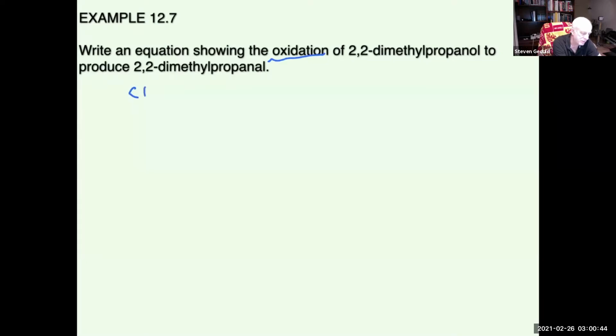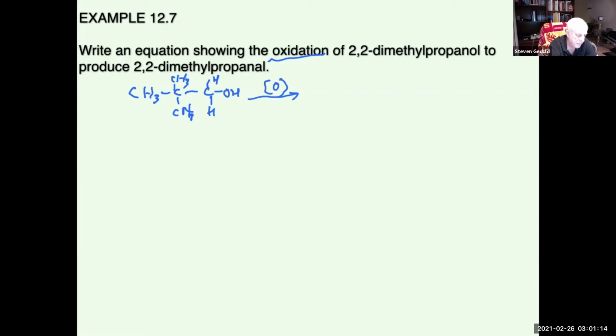So CH3, C, and propanol is CH2, COH, CH3, CH3. And we're going to oxidize it. Okay. So it's 2,2-dimethylpropanol, the OL group. So the alcohol's on the carbon.